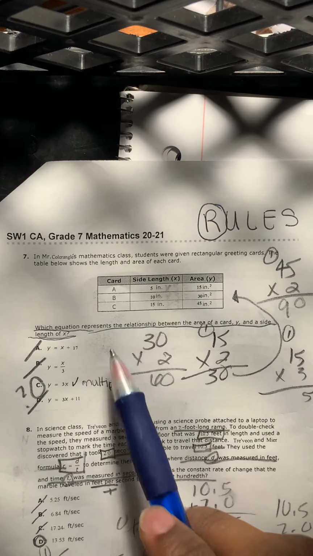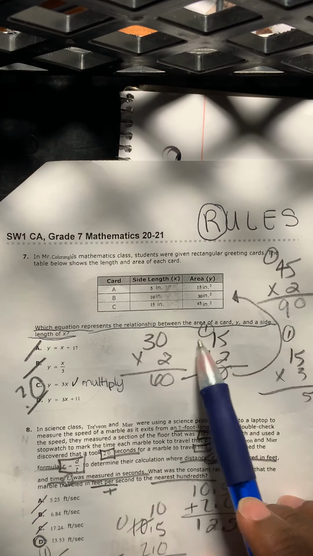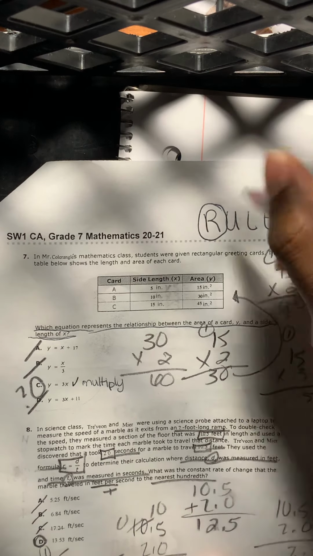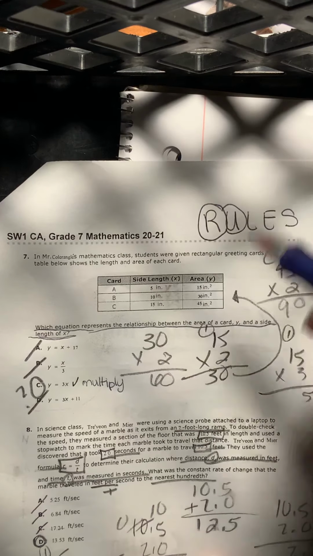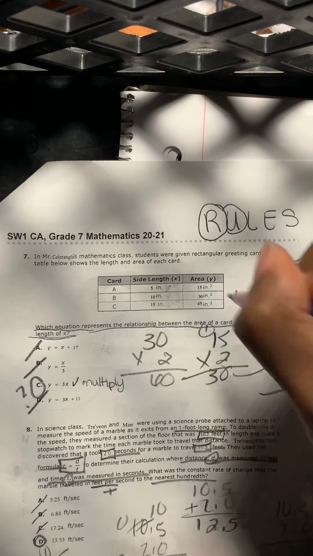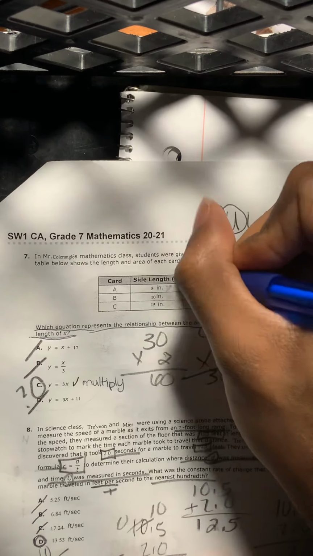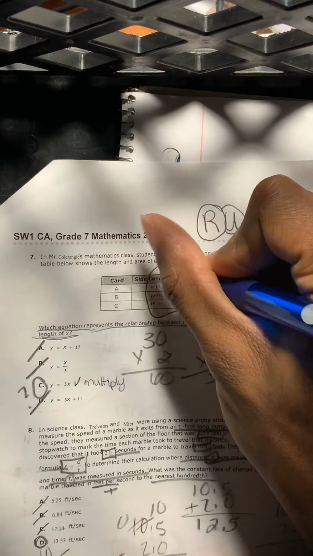Which equation represents the relationship between the area of a card Y and a side length of X? All right, so we underline the question. Now we're going to label and annotate. We have the Y values here, the X values here, which is the side length.